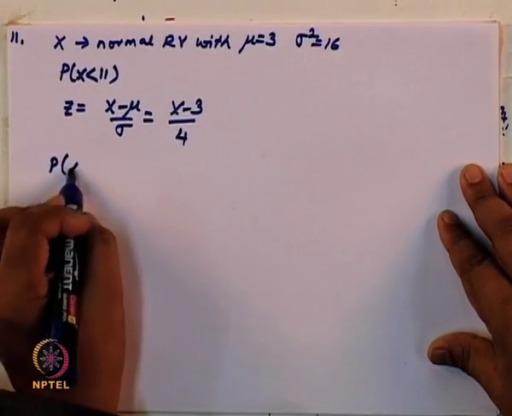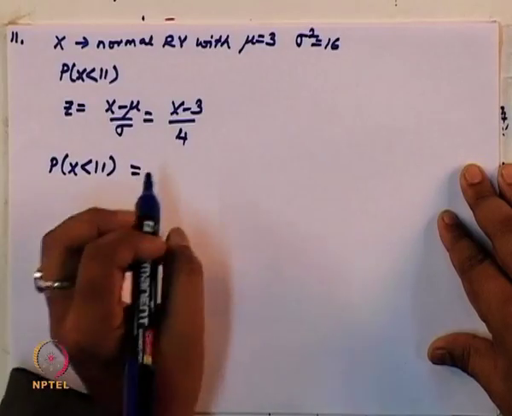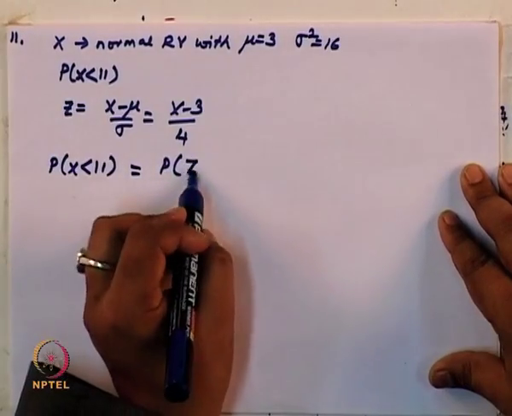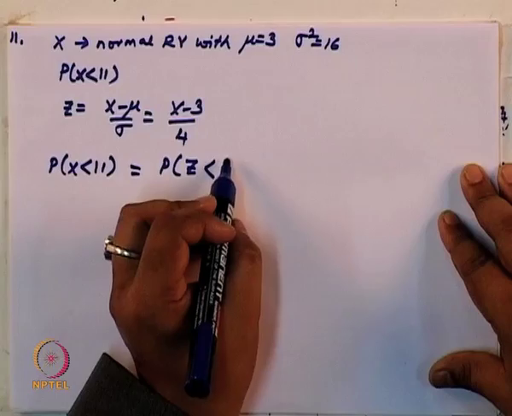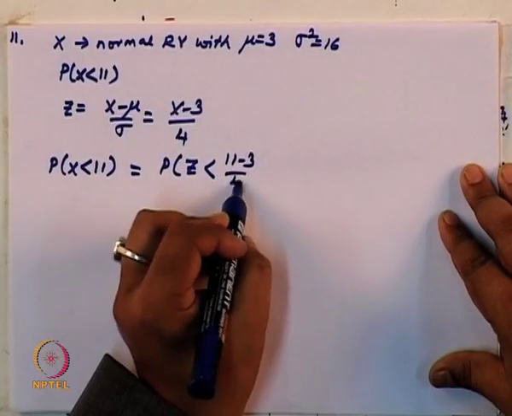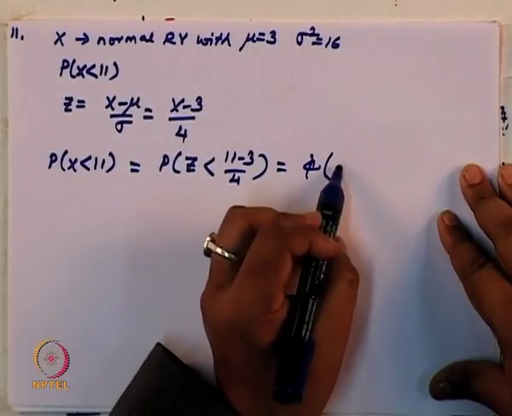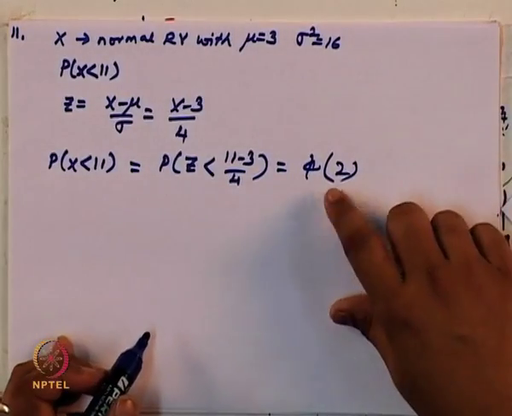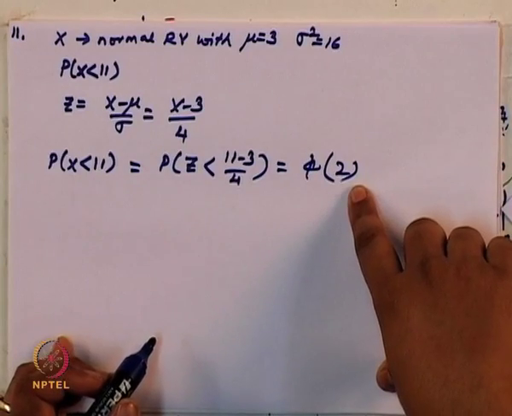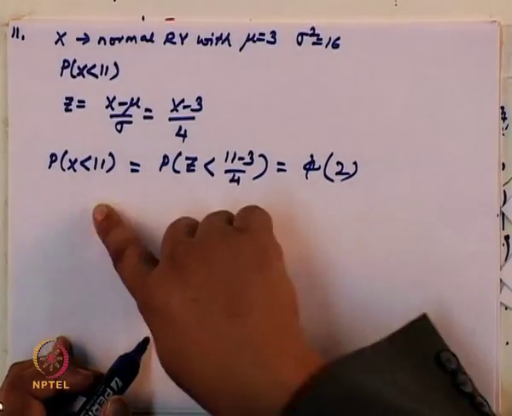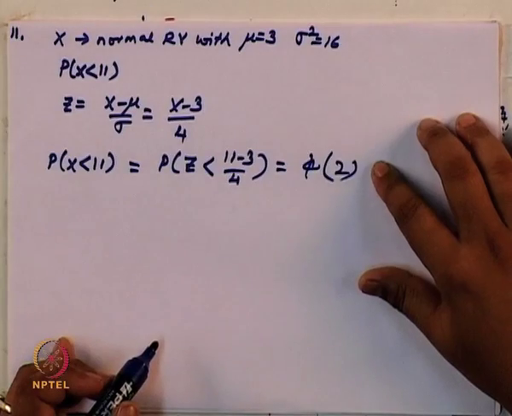So, the probability of x less than 11 is nothing but the probability of z less than (11 minus 3) by 4, which is equal to phi of 2. You can find out the value of the probability by looking up the table.